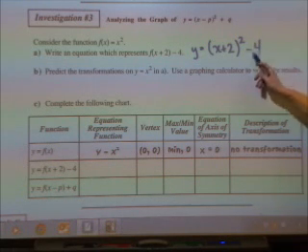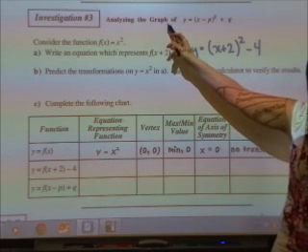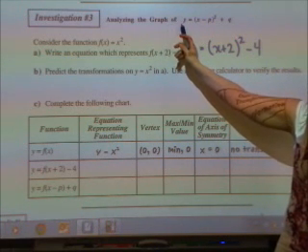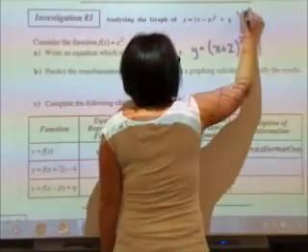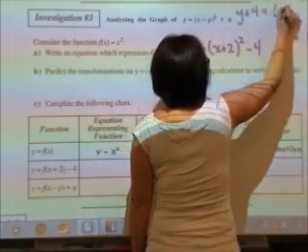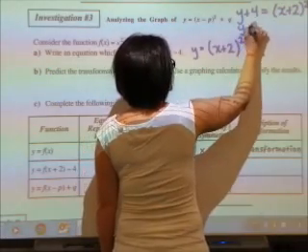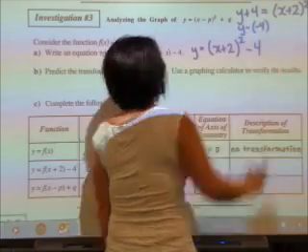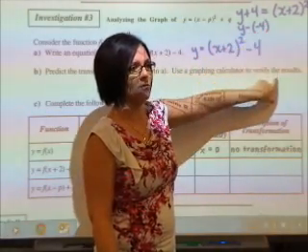It goes down, because remember when it's over here, it would have been a y plus 4 or a y minus negative 4. So that's the other way that you can think about it. It would have been a y plus 4 equal this, which y plus 4 is the same as y minus a negative 4. That negative 4 tells me to go down.